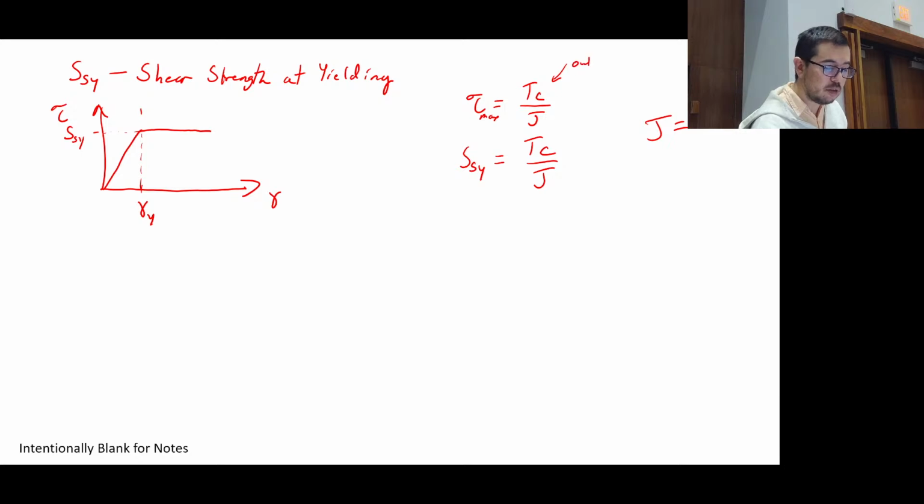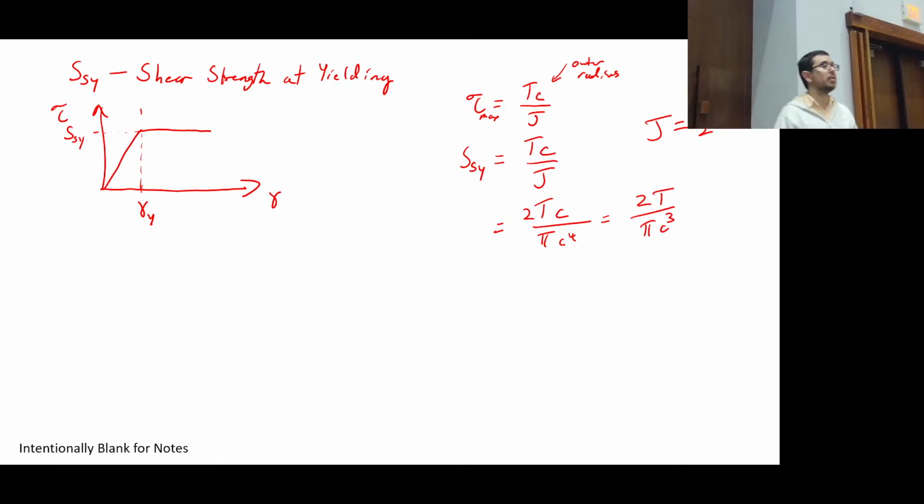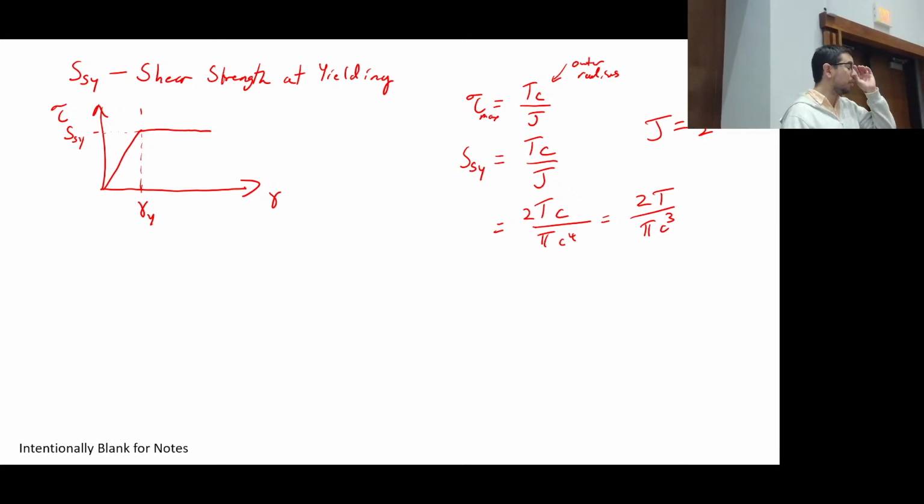That's the outer radius for the torsion formula, and J is equal to pi over 2 C to the 4th. So then what do I get? I get TC over J, and now we get 2T over pi C cubed. So that's where this relationship came from that we discussed in our first meeting.